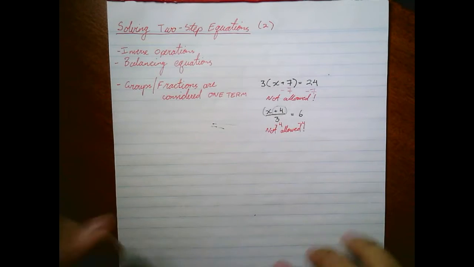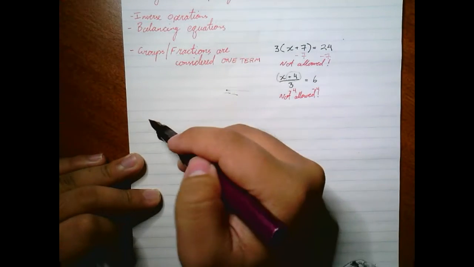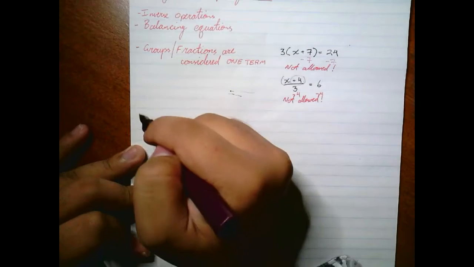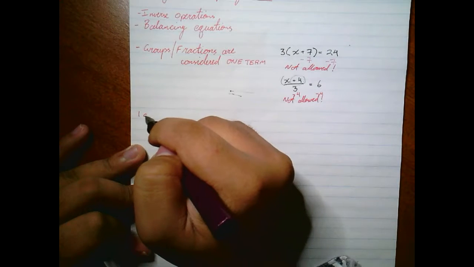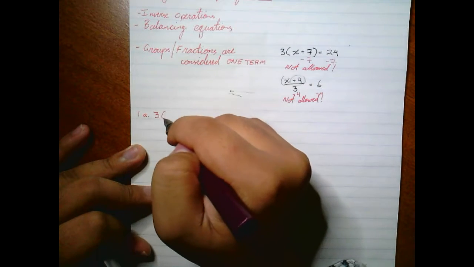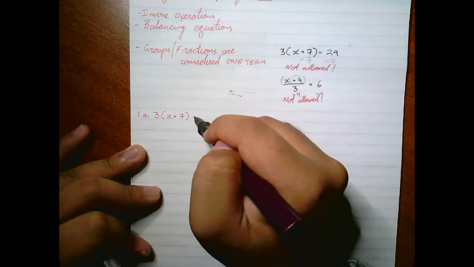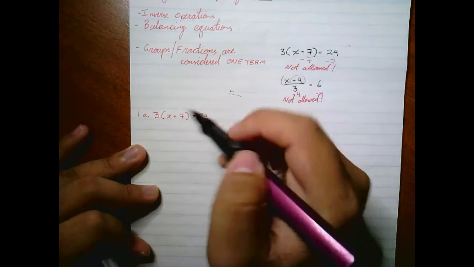Okay, so let's do a few example questions here. Let's begin with the groups. Let's go with question 1A. We have 3 outside x plus 7 is equal to 24.